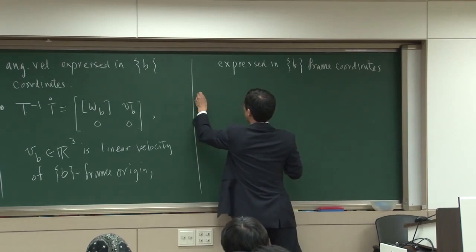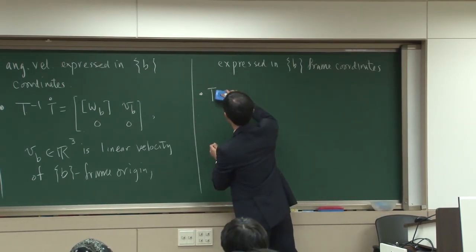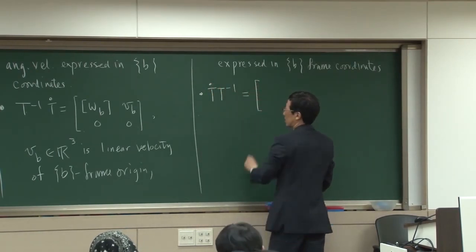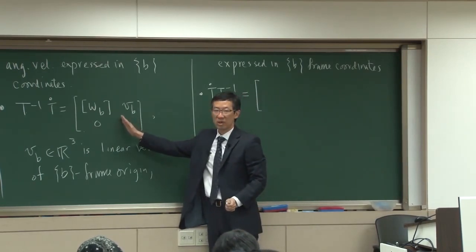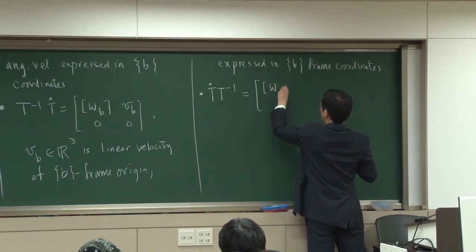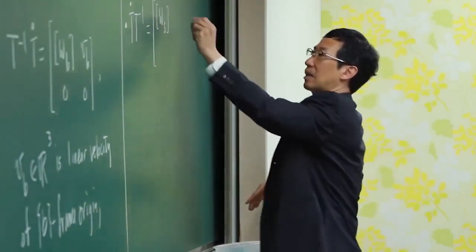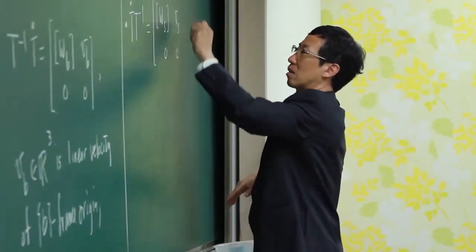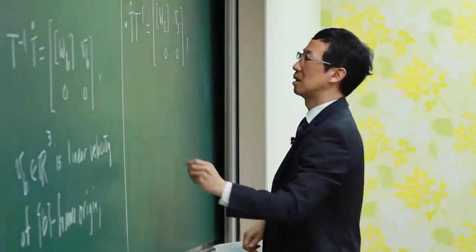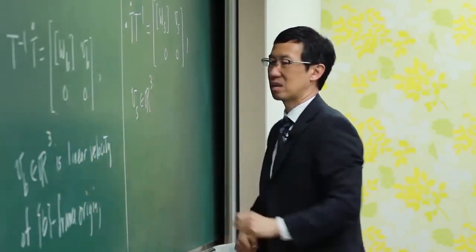Now if we switch the order, T dot T inverse, we get another matrix with a similar structure. This time we get a skew-symmetric matrix here, which corresponds to omega s, and we get some vector v sub s over here. So omega s is as before, same definition. v sub s is a three-dimensional vector.